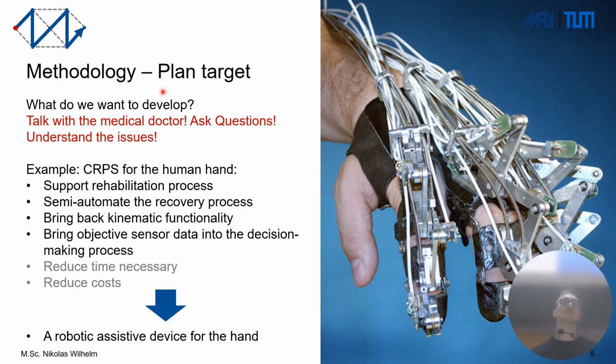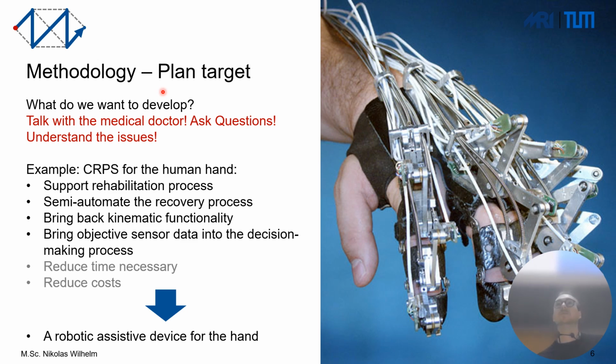This is for so-called CRPS patients, which stands for complex regional pain syndrome. That's very specific to our case here, not too important to remember in general, but just to give you an idea. This syndrome appears in patients that had a very bad fracture of their limb, for example. Here we will be focusing on the human hand.